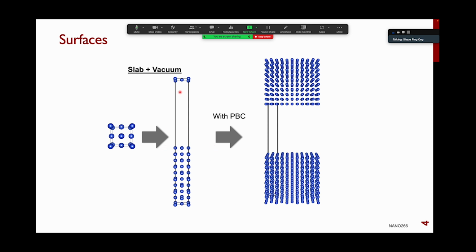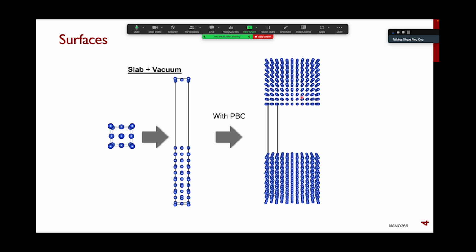This may seem small, but remember you have periodic boundary conditions in all directions. Essentially, you are simulating an infinite surface, and once you apply periodic boundary conditions, you have repeated surfaces across the third dimension, okay?